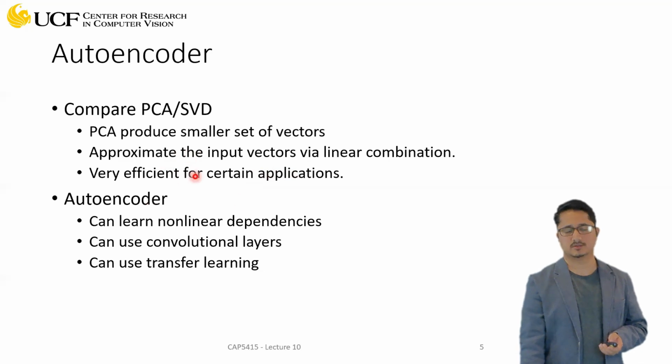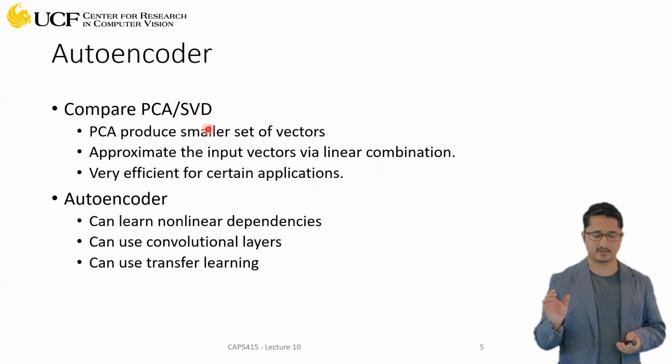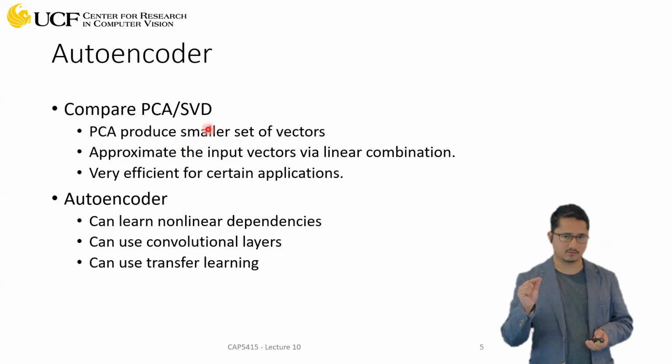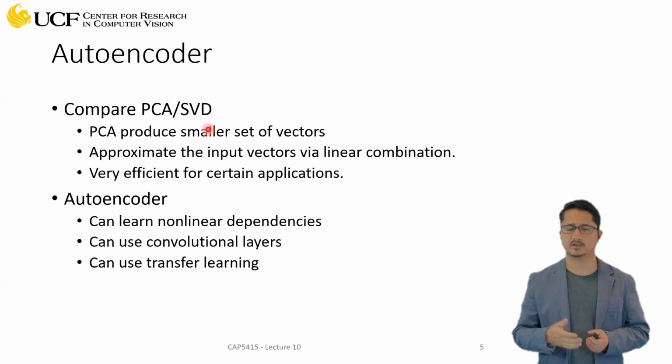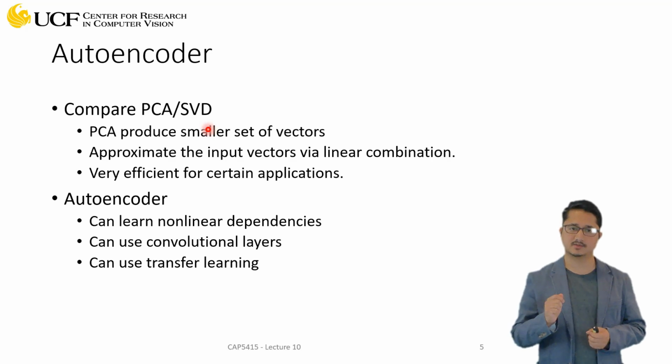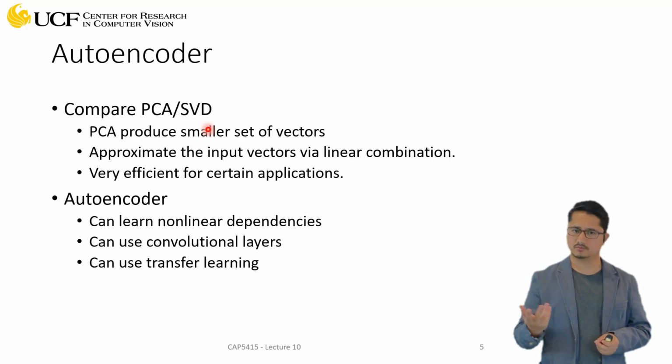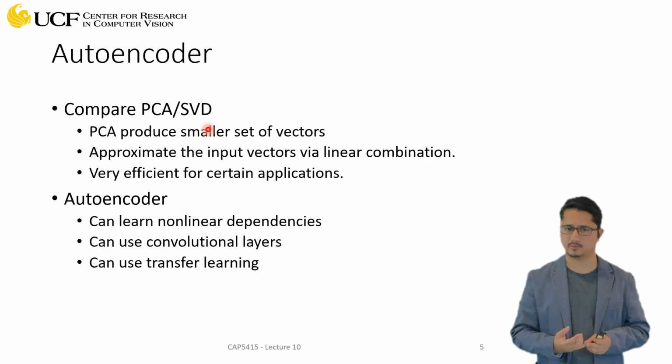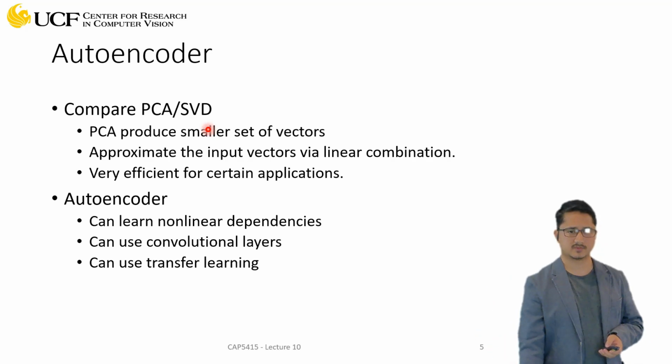Right, so there's some comparison you can make between these two, which is fine, because in PCA, the idea is you try to learn the most prominent properties you have in your data. And then you do some kind of linear combination of those properties to define your objects.